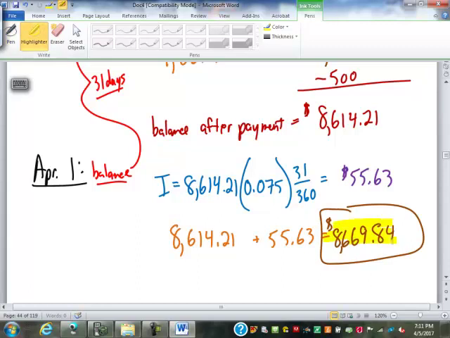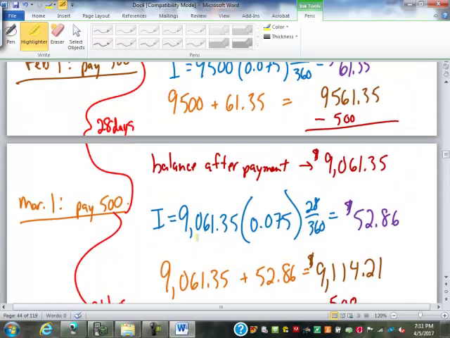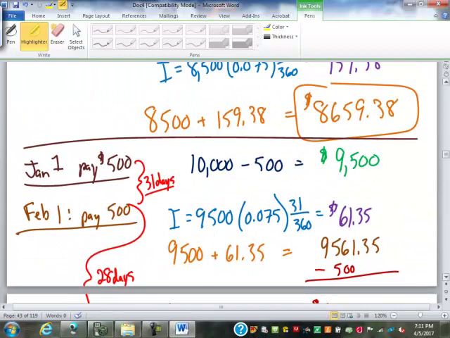Now remember, we're going to compare that to $8,659.38, this value right up here.